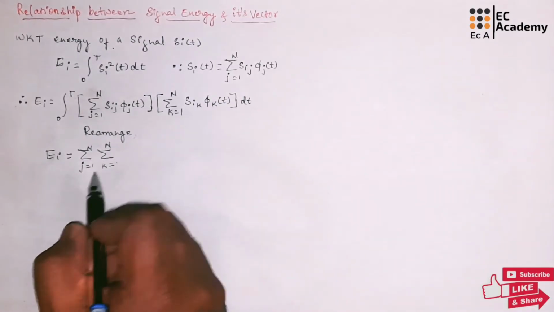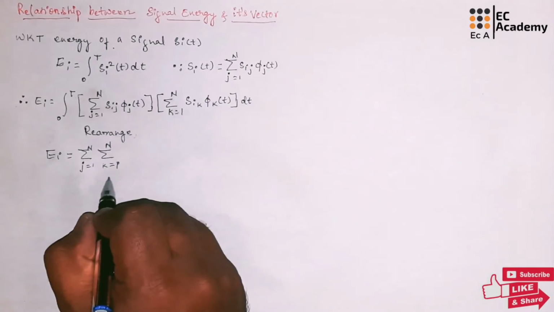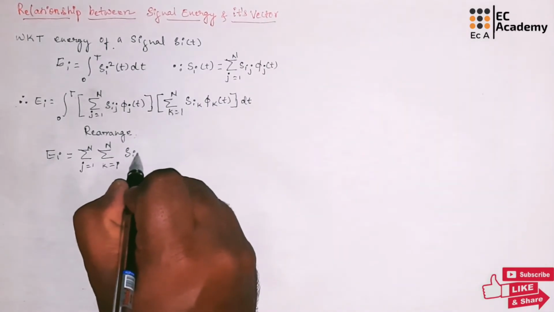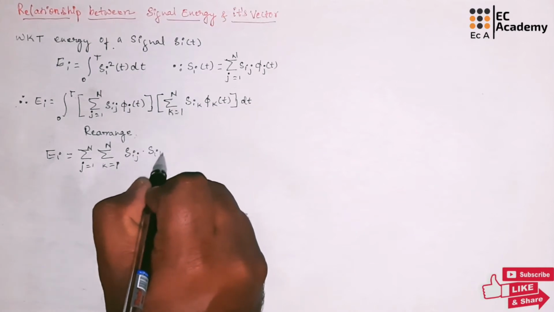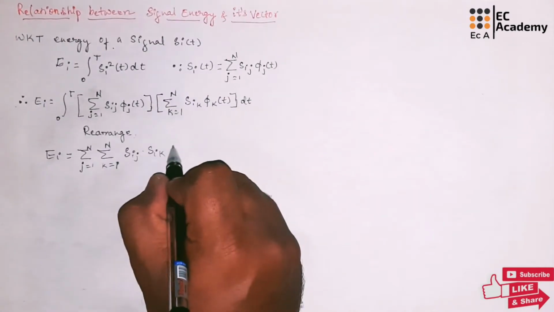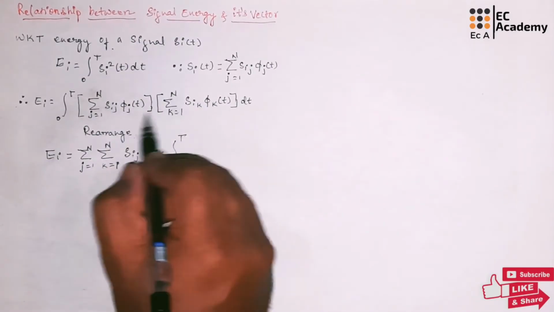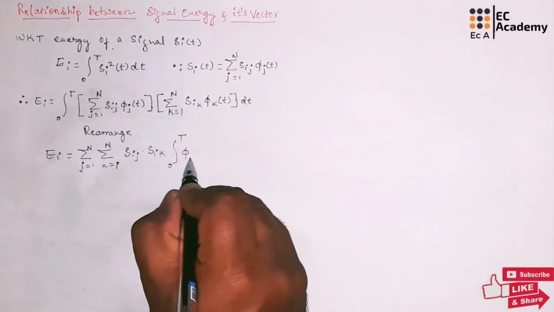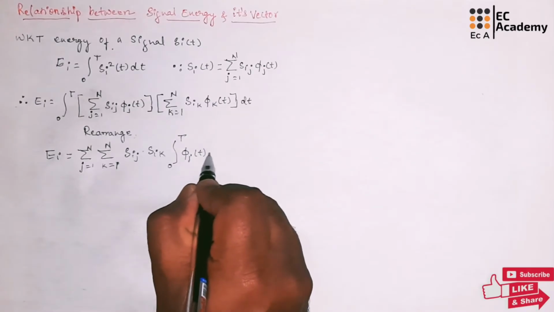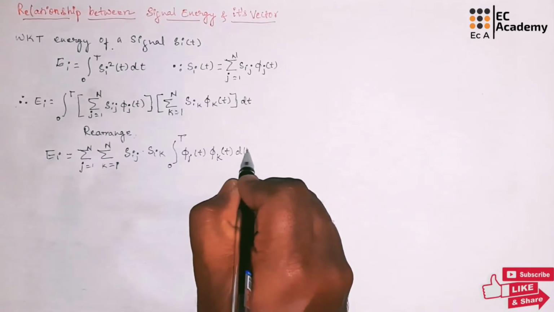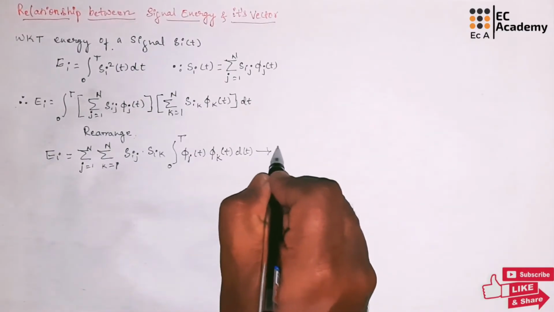So here first we have written the summation, then we will write the s term, Sij into Sik. Then we take the integration from 0 to T of the phi term, which is phi j of t into phi k of t dt. Let us call this equation number 1.